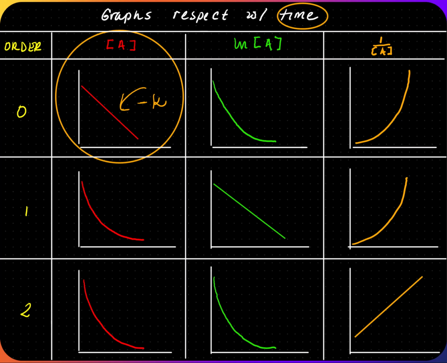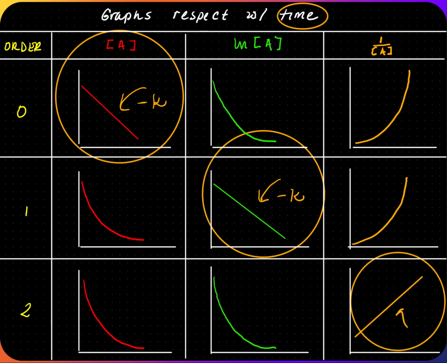In the first order, the only one that gives you a linear line is ln concentration of A. This gives you a linear line that is a negative k, so it's a negative slope. Every other graph gives you a curve. For the second order, the only thing that gives you a linear line is 1 over A. This gives you a positive slope, k. Every other graph gives you a curve.